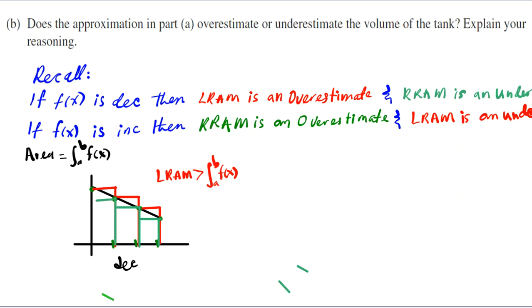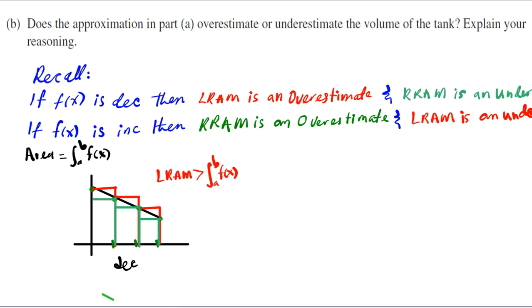Now what do you notice about the area underneath the green rectangles? If you add up these 3 areas right here, let me highlight it for you. What do you notice happening? This area and this area and this area. It doesn't occupy all the area underneath the function. Okay, you have spaces here. What does that mean? It means that the right rectangular approximation, or right Riemann sum, forms an underestimation of the area.